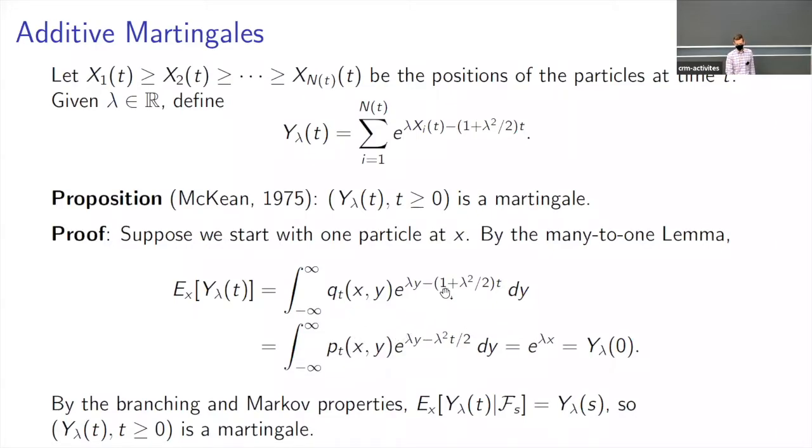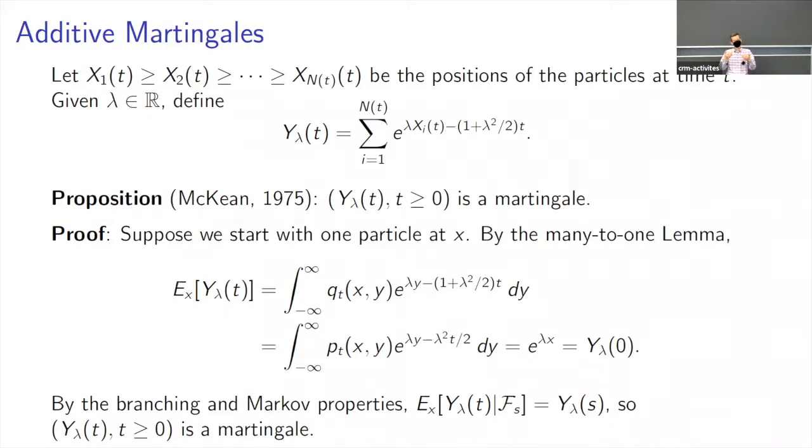The e to the t cancels this e to the minus t that we have here. And so we just get p_t(x,y) times this exponential. And now just from the formula for the moment generating function of the normal distribution, one can calculate that this is exactly equal to e to the lambda x, which is exactly Y_lambda(0). So the expected value at time t is exactly the value that we started from.